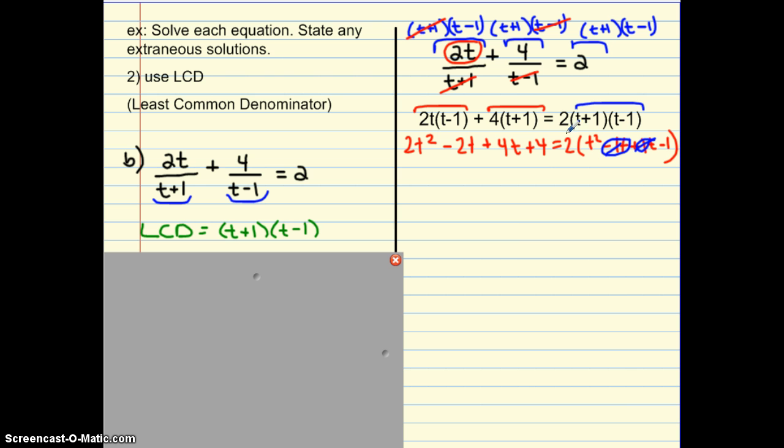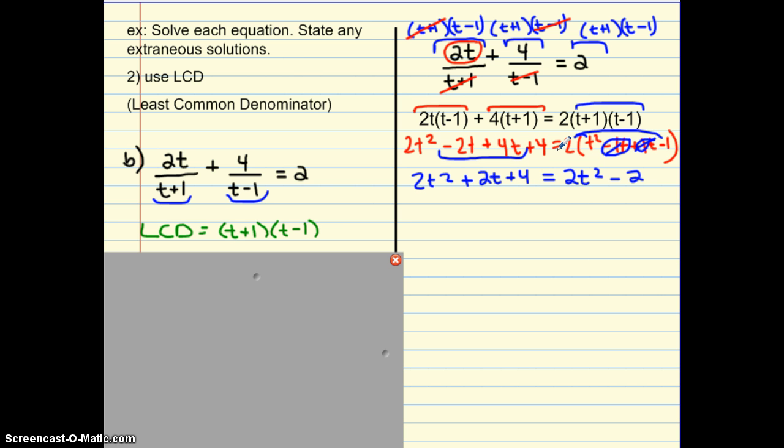And so if I were to distribute my 2 to my remaining, I have 2t squared minus 2. And if I were to clean up the other side, I have 2t squared plus 2t plus 4.